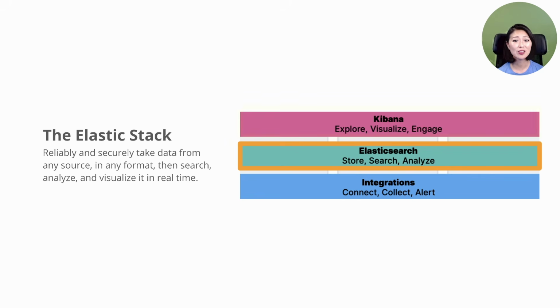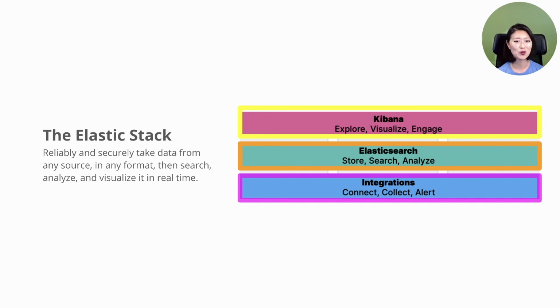Then we have Kibana, which is a visualization tool, and it's a UI that helps you visualize and explore data in Elasticsearch. Lastly, we have integrations, and integrations allow you to ingest data as well as connect to all the systems that matter. You could also send alerts to your notification tool of choice.